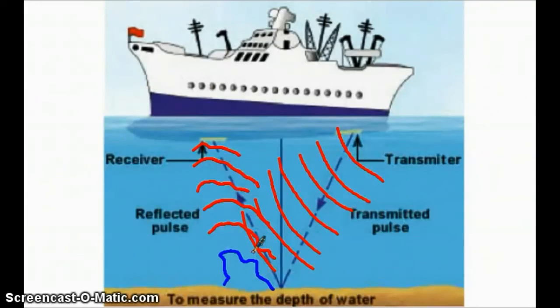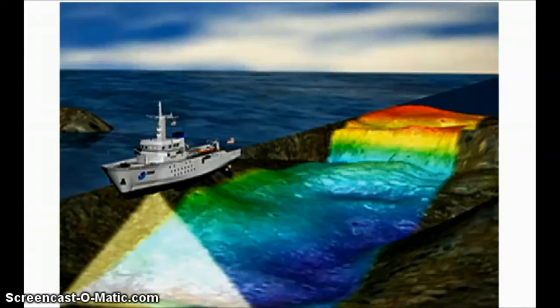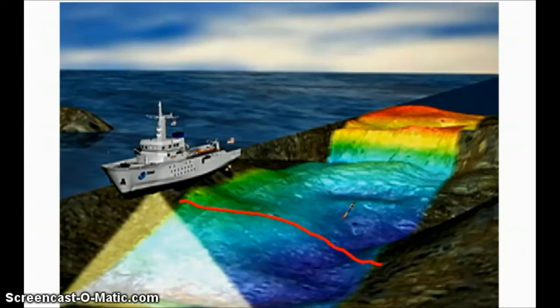Now, we don't just send a single small pulse down, we actually sweep across a large area. So as you can see with this ship, it actually does a nice large arc as it travels back and forth. And this means that it can search quite a large area as it's traveling back and forth.